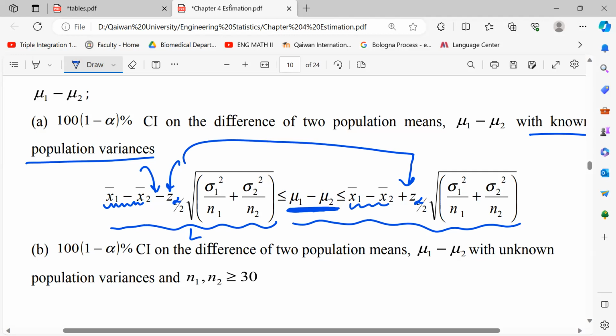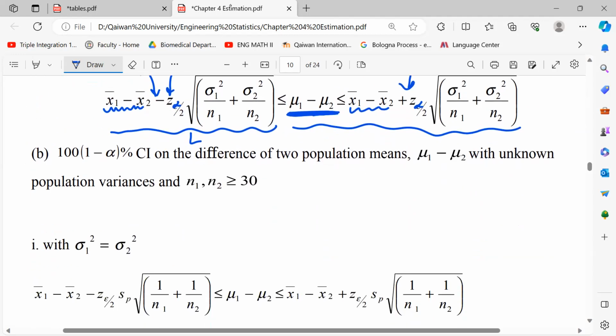given. What if the variance is unknown? If it's unknown, we have two cases. n is greater than or equal to 30, or n is less than 30, similar to the previous one.